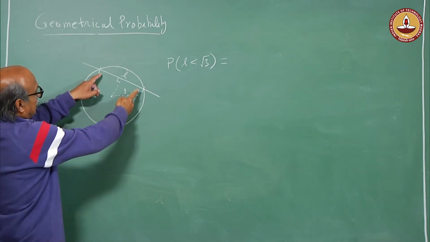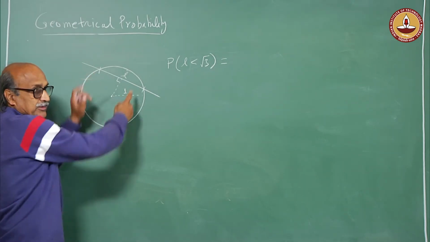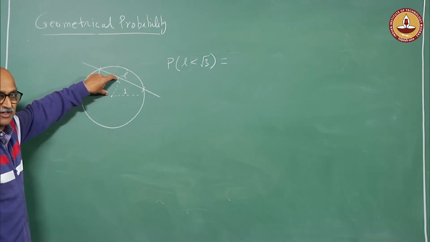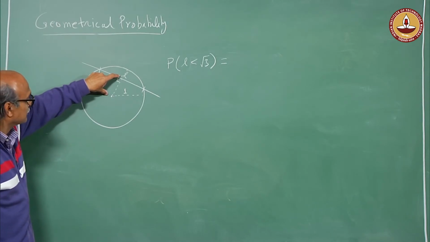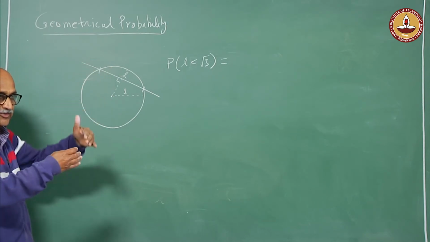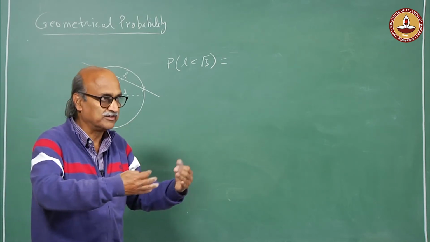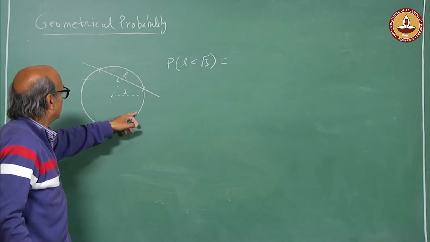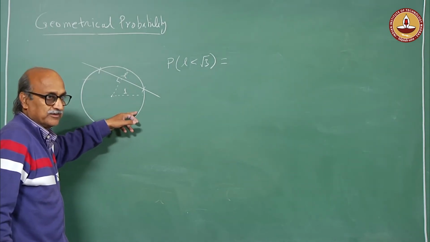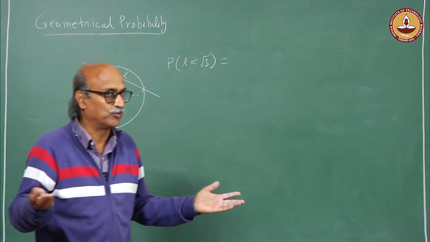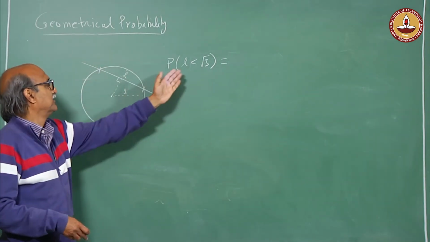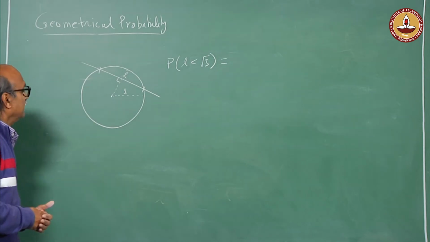Very clearly the length of the chord is going to be a function of the perpendicular distance of the chord from the center. As this distance increases, the chord length reduces, as the distance decreases, the chord length increases, and it is a maximum when the line passes through the center. It will be equal to the diameter of the circle. So, the probability that the length will be less than root 3.